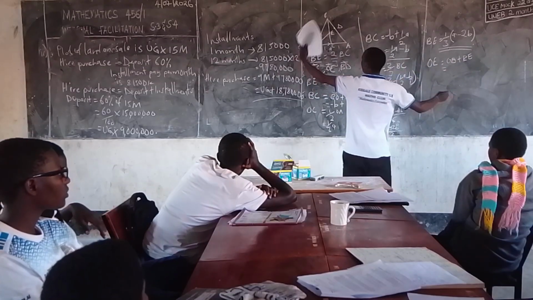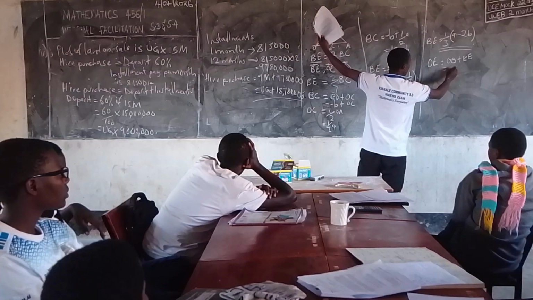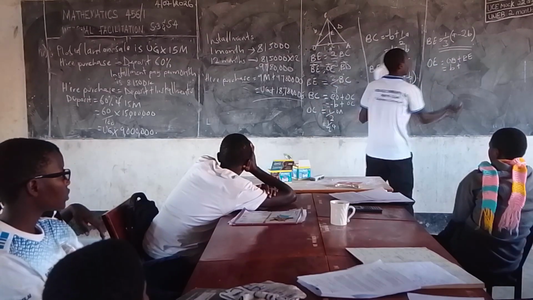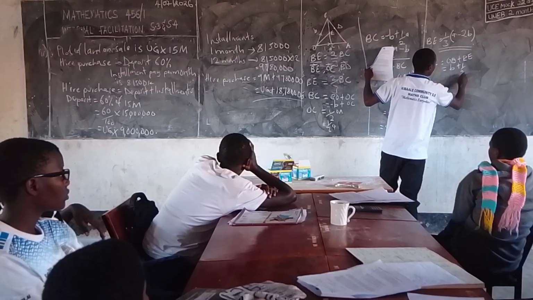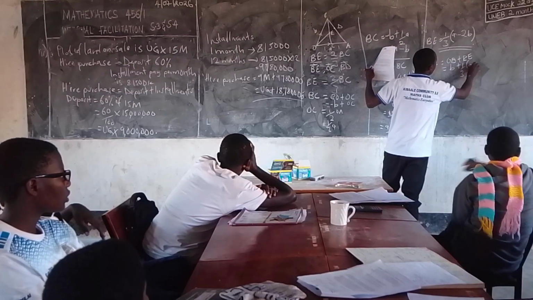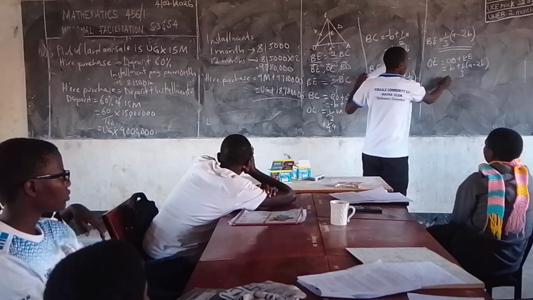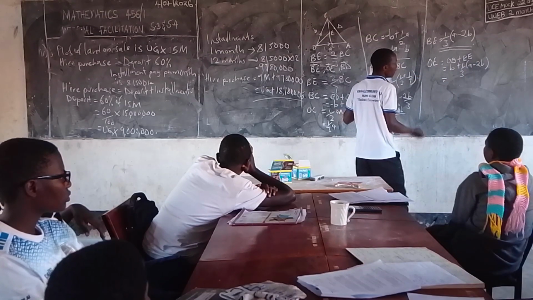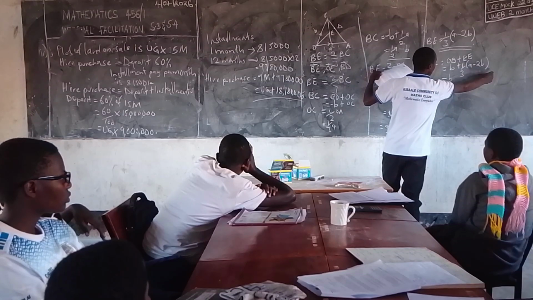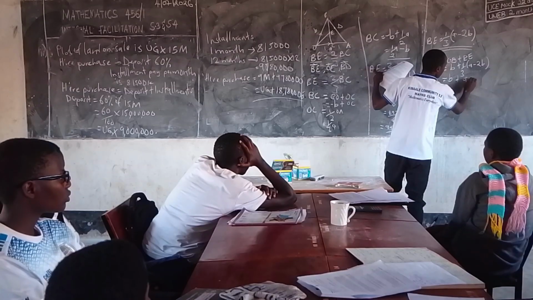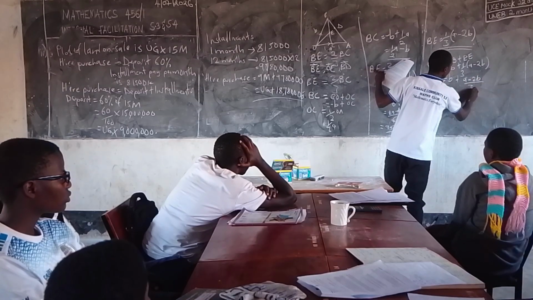Our OB is B, plus BE, which we have just taken, which expands into A minus 2B. So here you can make it one term by expanding this bracket: B plus (A minus 2B) over 3.